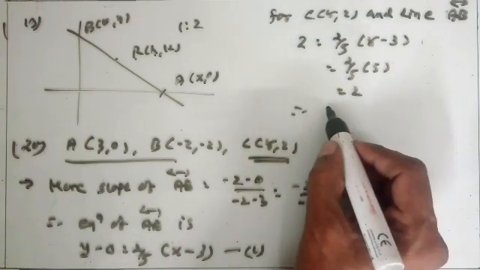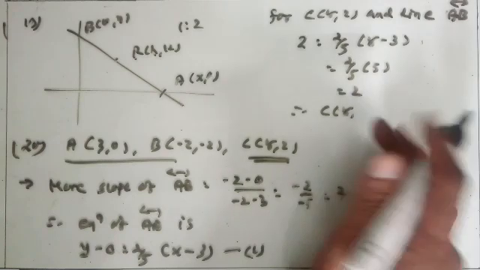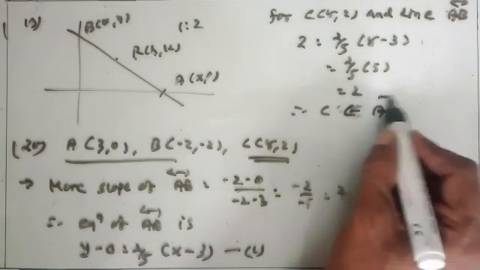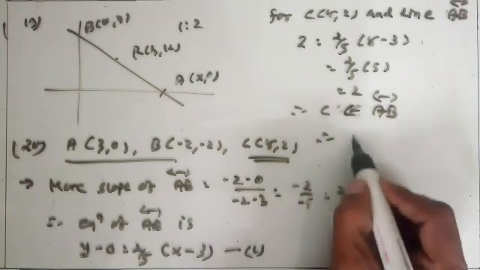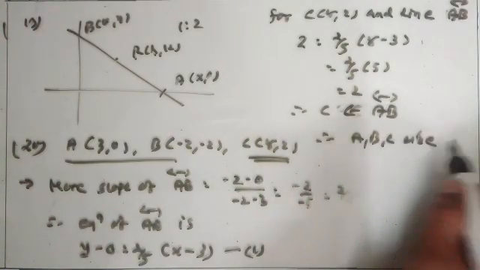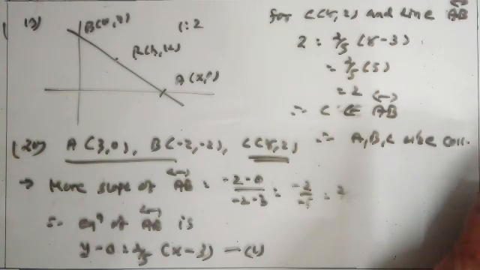Therefore, C belongs to line AB. Clear? Therefore, A, B, C are collinear. Okay?